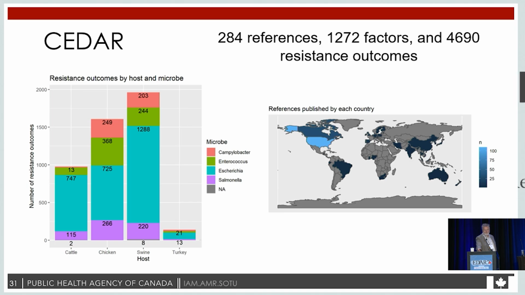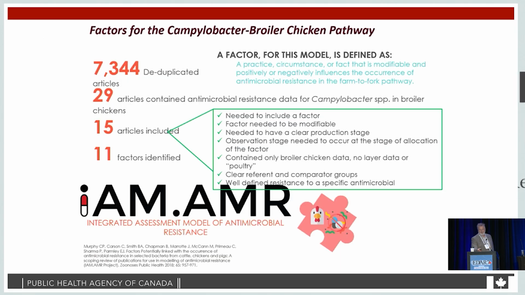Where the papers come from, we do have some limitations on their applicability to Canadian agriculture, so there's only certain situations where we would take information from outside of Canada or the US, where the agricultural systems are basically tied together, but obviously some factors are going to be relatively universal, and so they can be included in the model.